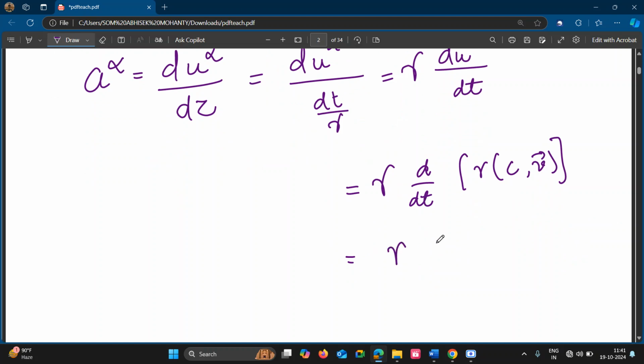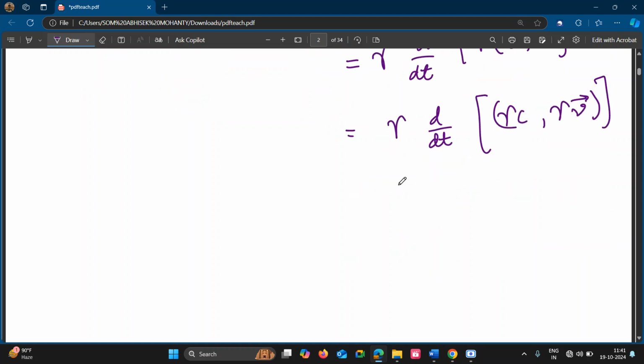See, gamma of d by dt. See this properly, it's gamma c and this is gamma v, right? So I will take the derivative on both. So this becomes gamma dot c, because c is a constant, but here gamma and v both are variables, so I will do product rule. So gamma dot v vector plus gamma v vector dot. Is that correct?